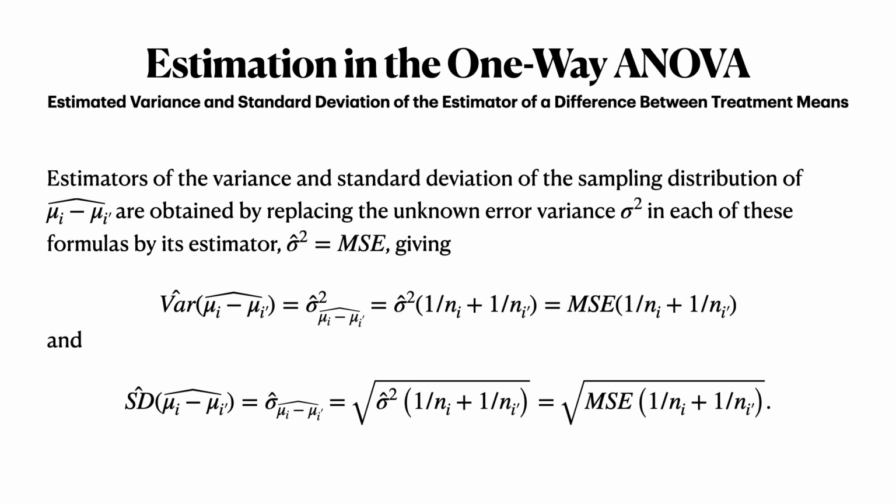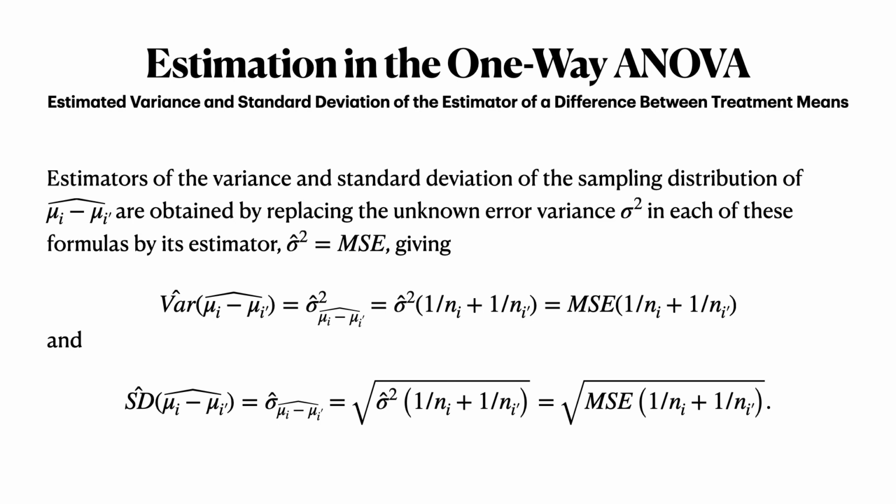Now, estimators of the variance and standard deviation of the sampling distribution of this estimator of the difference are obtained by replacing the unknown error variance sigma squared in each of these formulas by its estimator, sigma hat squared, which again is the MSE from the analysis of variance table.